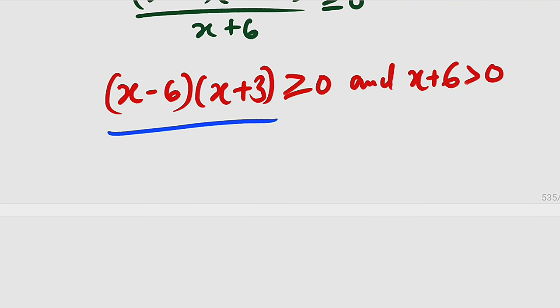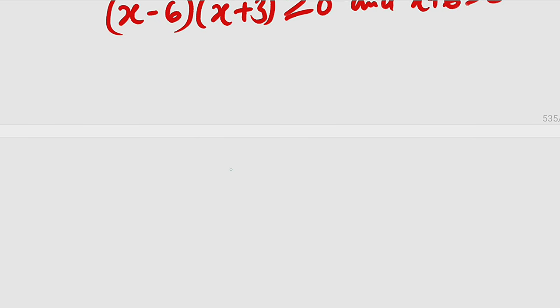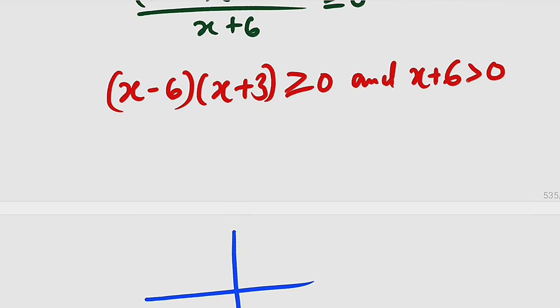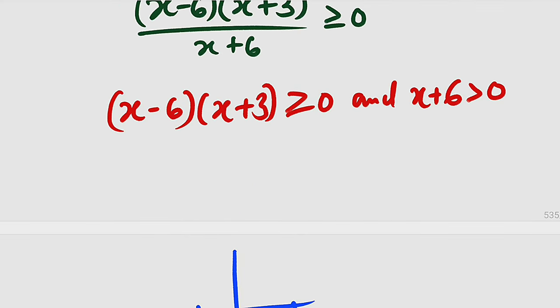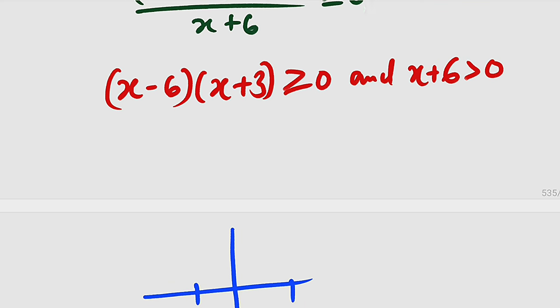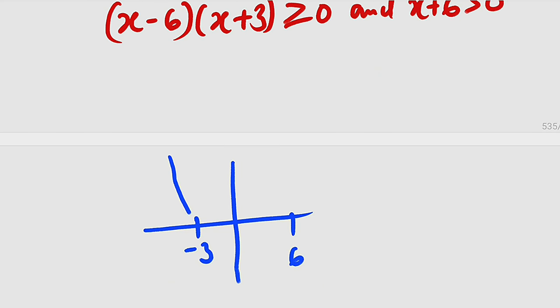This is quadratic. We can draw the graph. If you have the y and x-axis, the zeros of this will be 6 and -3. We have -3, and we have 6 here. The leading coefficient is positive because x times x is x squared. So it is going to be an open-up parabola, something like this.